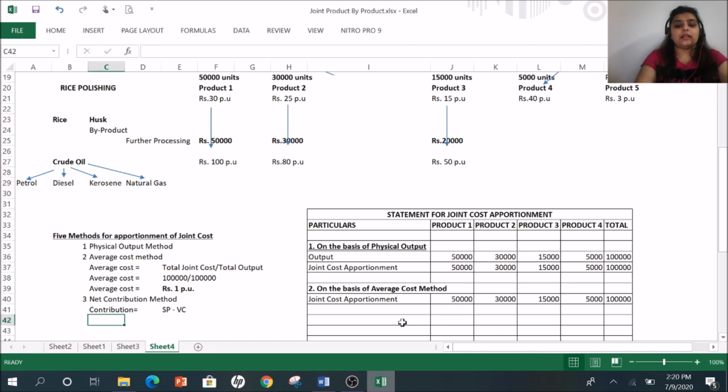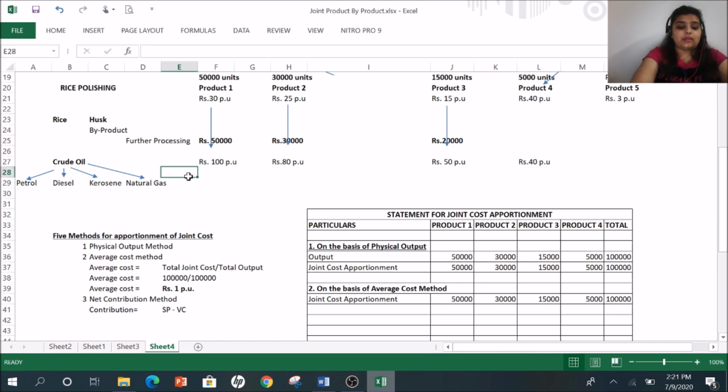Similarly, we are going to calculate the contribution for each of those units. Let us say we already know the final selling price: 100, 80, 50, and here since it is not further processed, the final selling price is rupees 40.